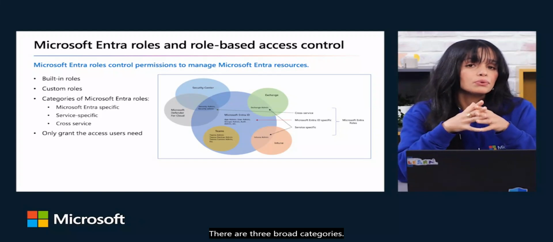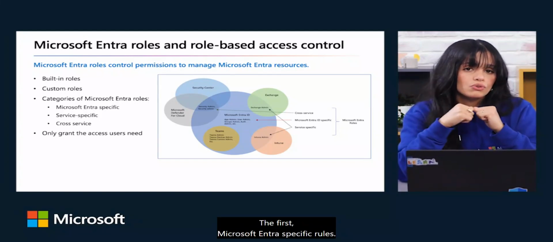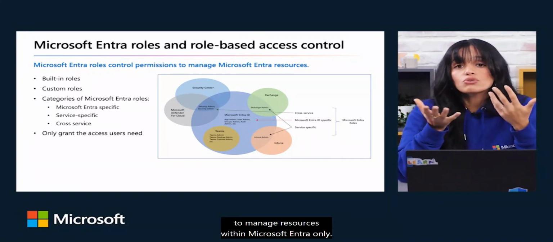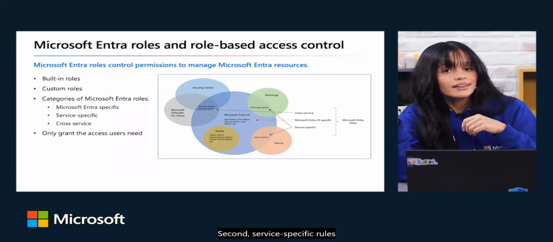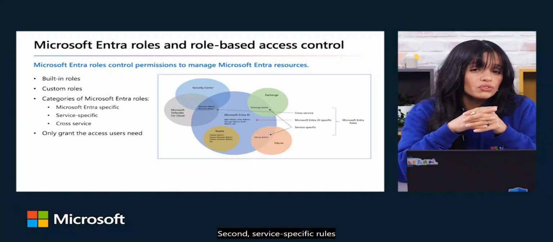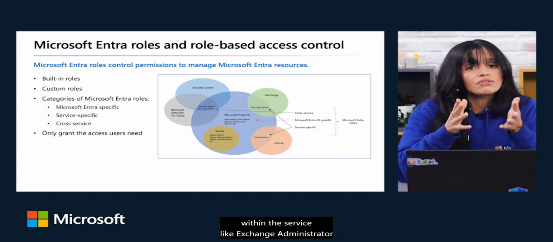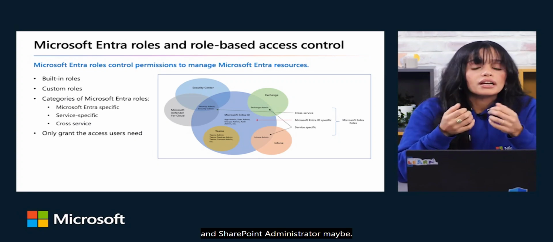There are three broad categories. The first, Microsoft Entra specific roles. These roles grant permissions to manage resources within Microsoft Entra only. Second, service-specific roles that grant permissions to manage features within the service, like Exchange Administrator and SharePoint Administrator.